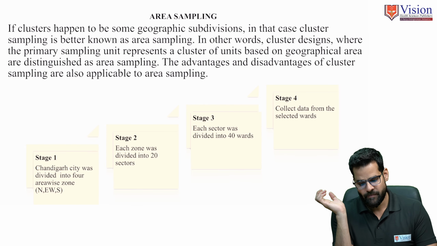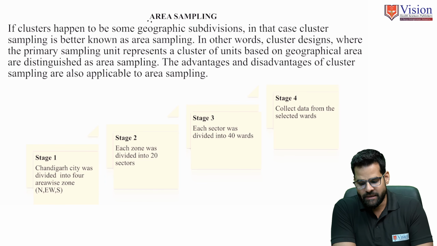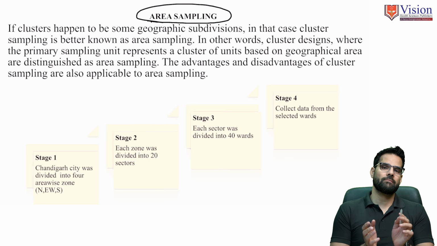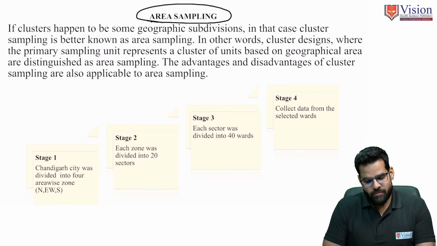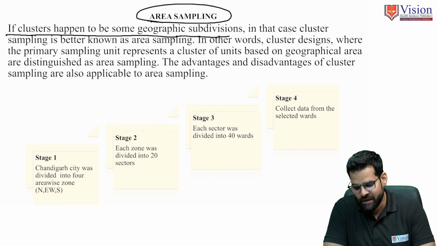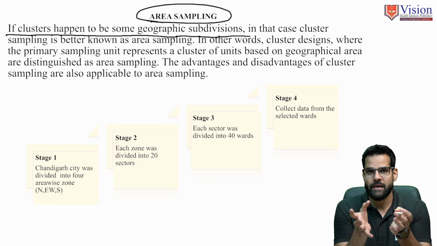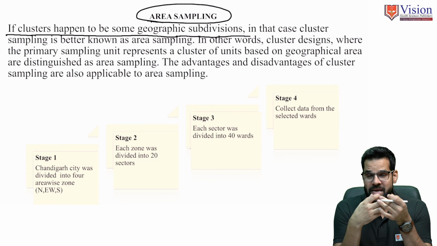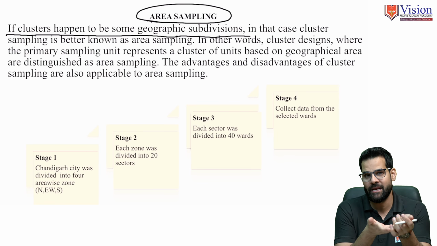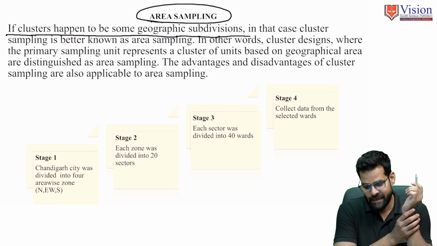So that's about this. Now, similar to cluster sampling is area sampling, though both are the same. The difference is if the cluster happens to be some geographical subdivision. You are making clusters only, and if your cluster is based on some geographical area, like north, east, west, south, then it is area sampling.